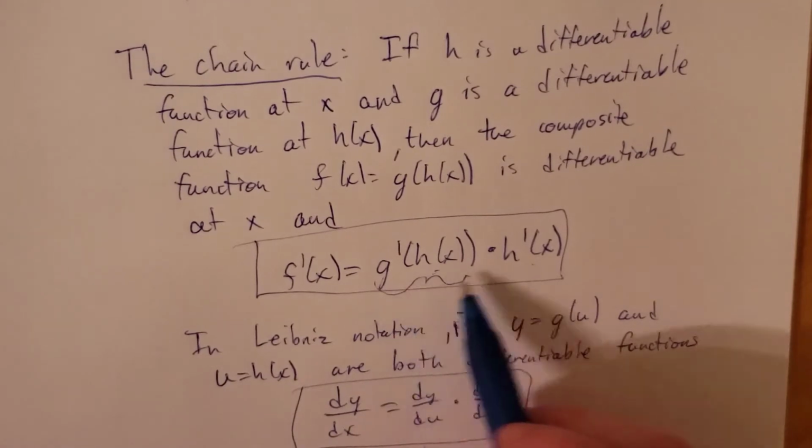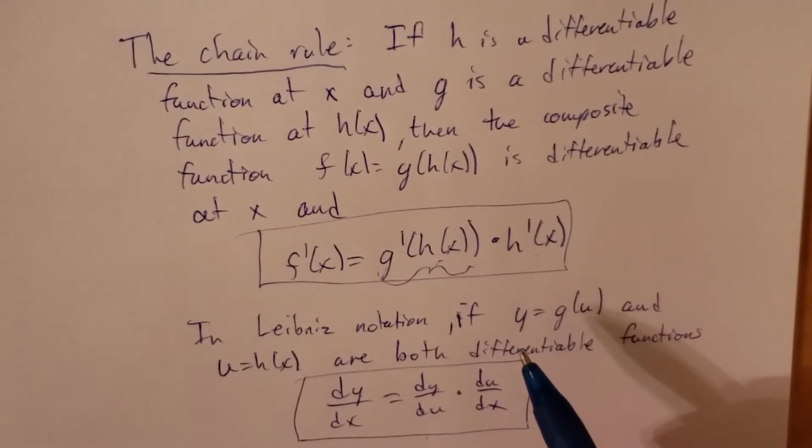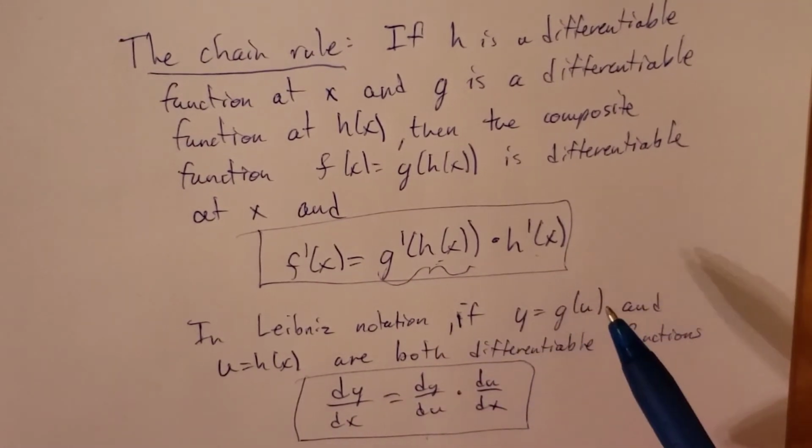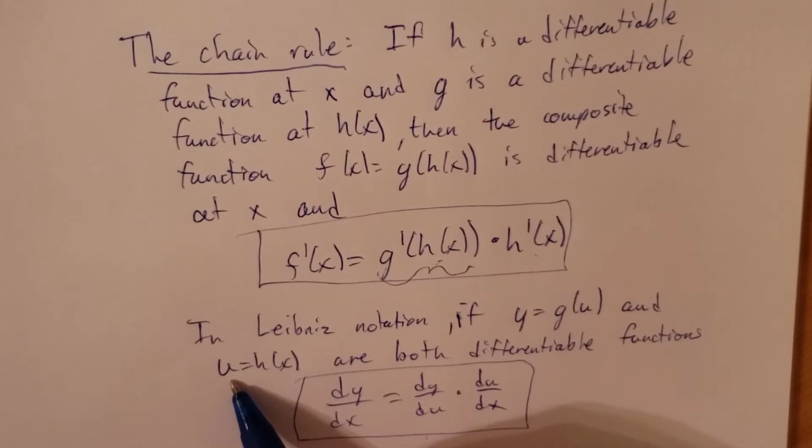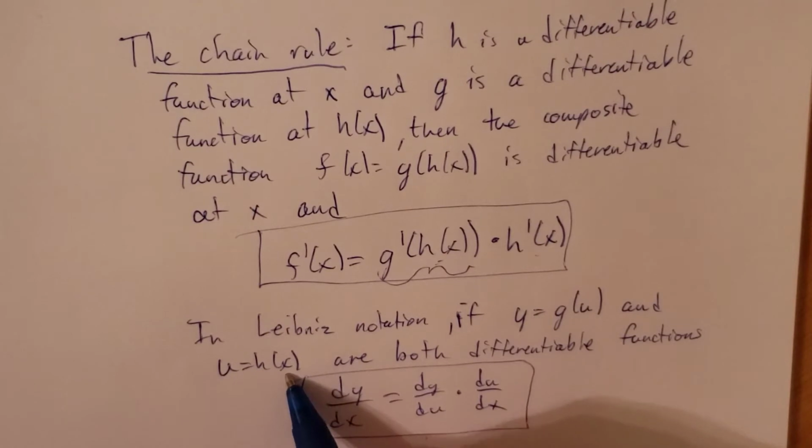Okay. Now let's think about this, right? This rule should be intuitive. So what if we had said that u, this function h of x, changes twice as fast as x? That means du dx is 2.